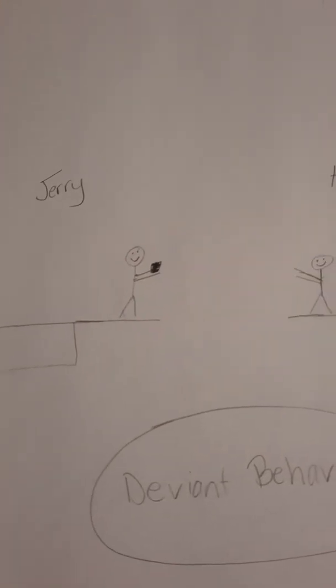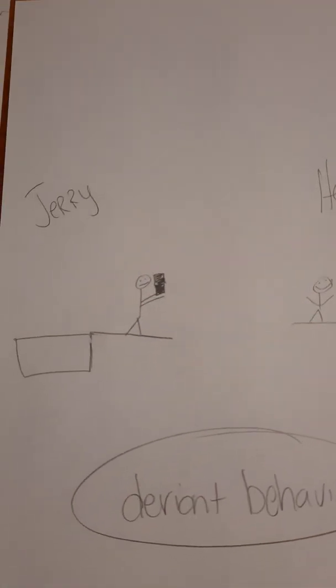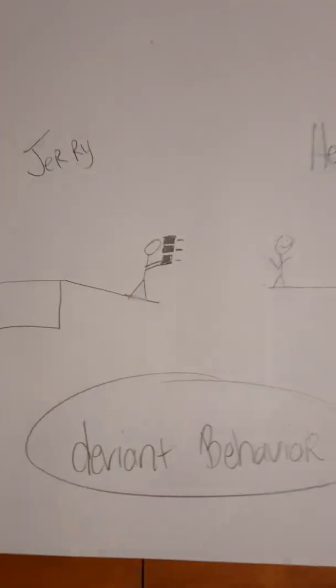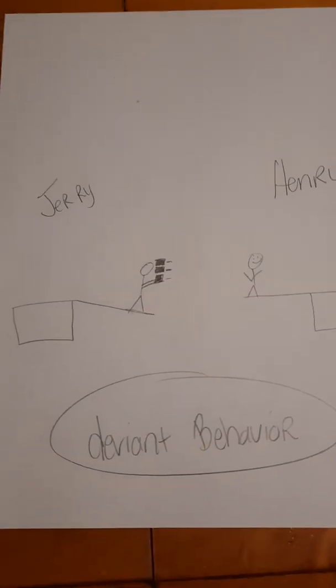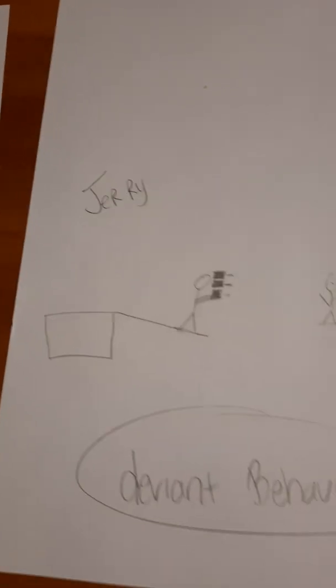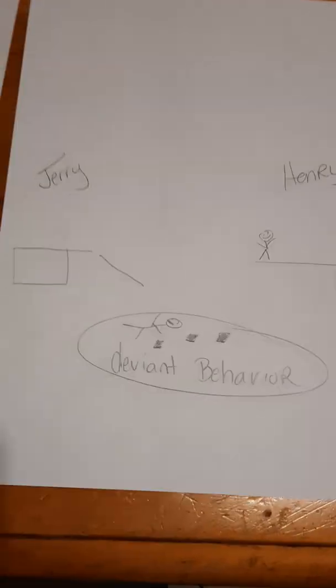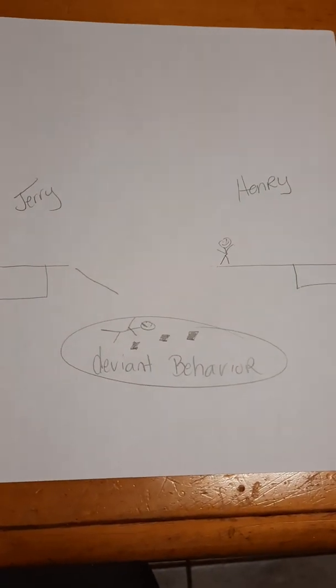You see how he went from a good diving board with little deviant behavior, to a leaning diving board with 2 deviant behaviors, and now he's really leaning with deviant behavior. And he's leaning so much that he eventually falls off into the pool of deviant behavior, meaning he follows deviant behavior.